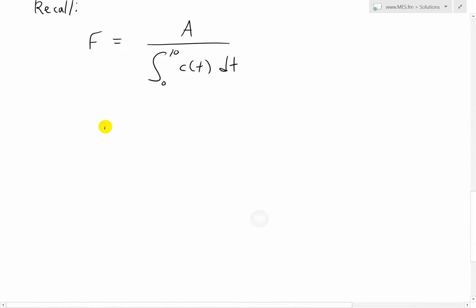I'll just write that down: A equals the amount of dye that we're injecting into the right atrium, which in our case equals 5 milligrams.